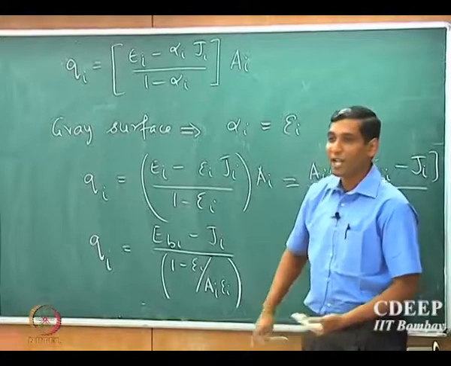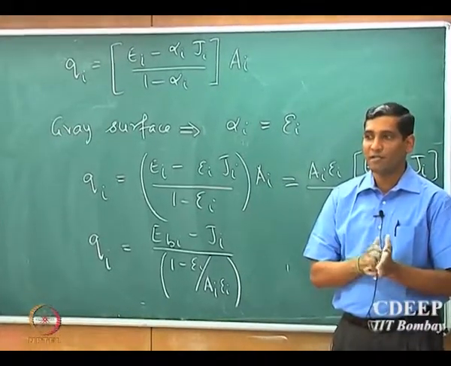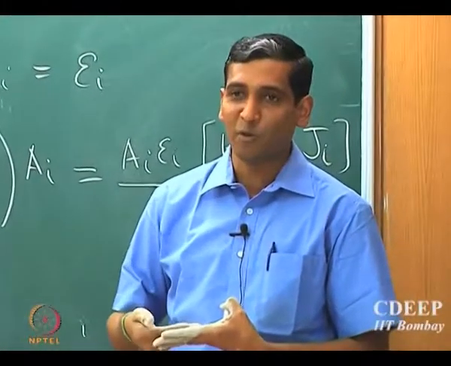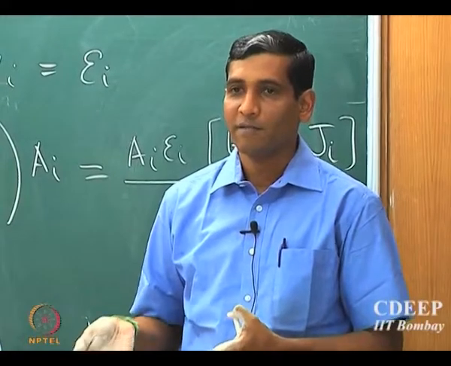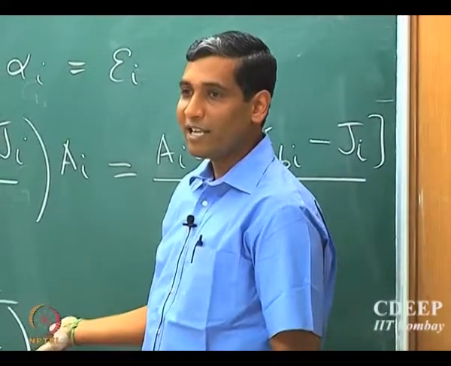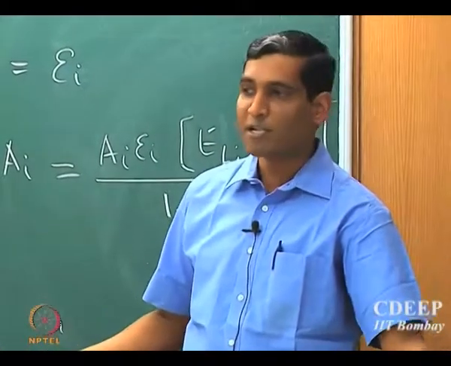What does this form look like? Recall some of the conduction concepts. Net heat transport rate equals temperature difference divided by resistance. So it has the same form as what you have seen in resistance concepts in conduction.